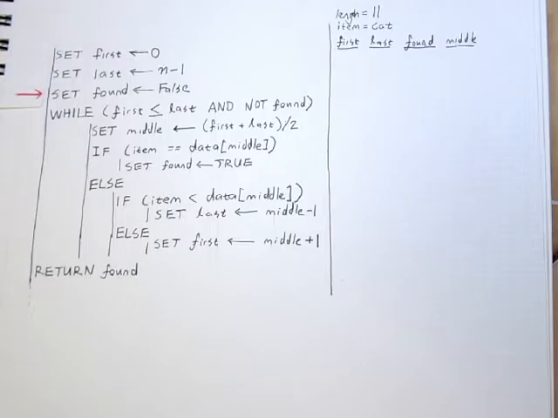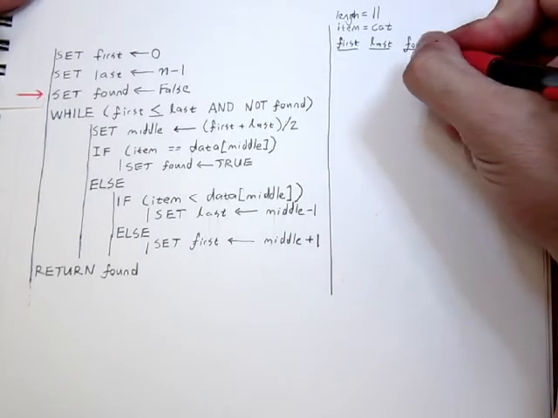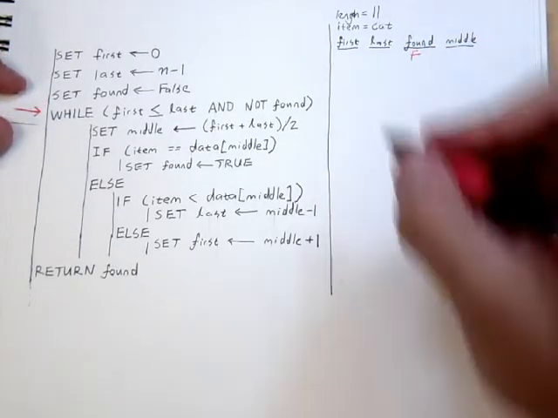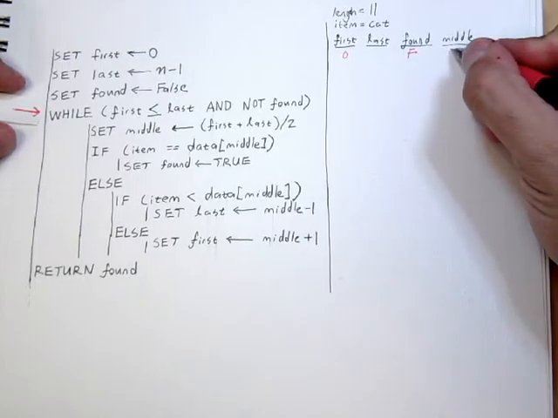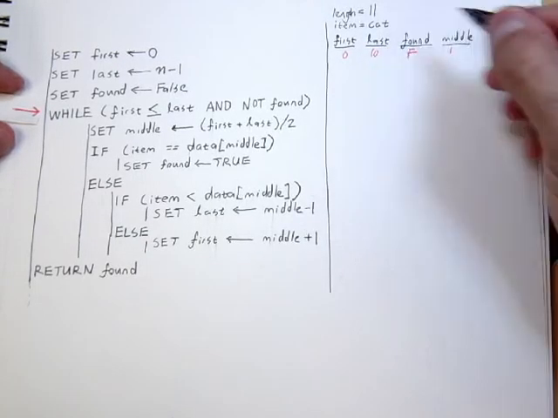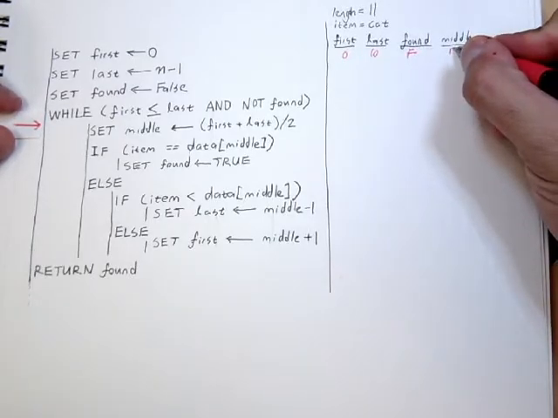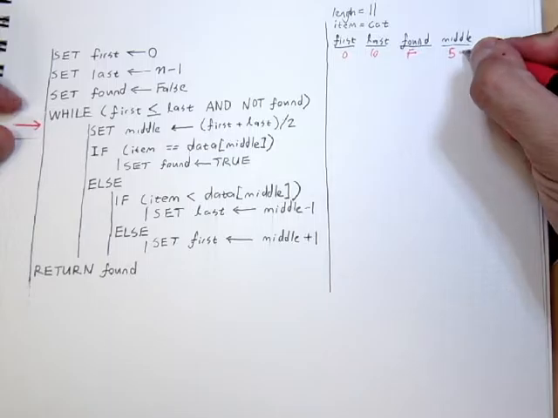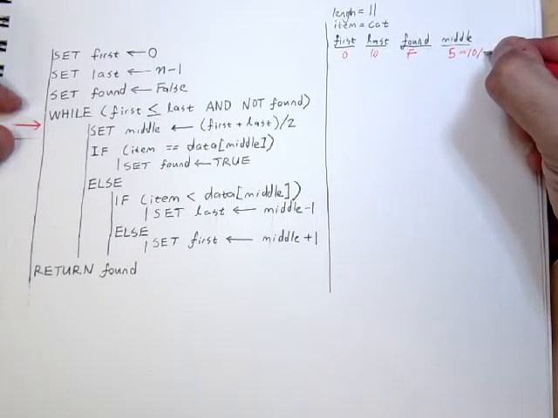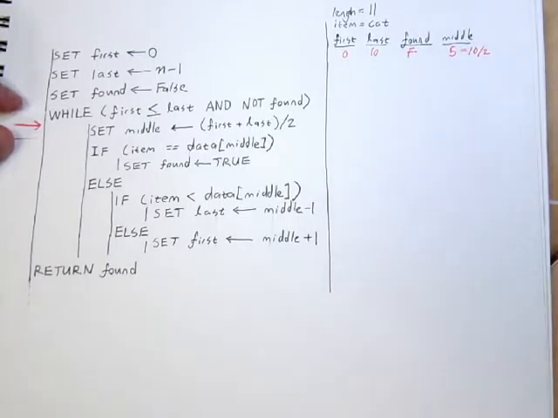While first is less than or equal to last, and we haven't found it yet, we're going to set middle equal to first plus last over 2. So first is 0, last is 10, and 10 divided by 2 is 5. So middle is 5. If the item equals data middle.